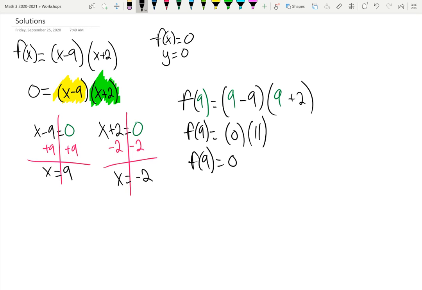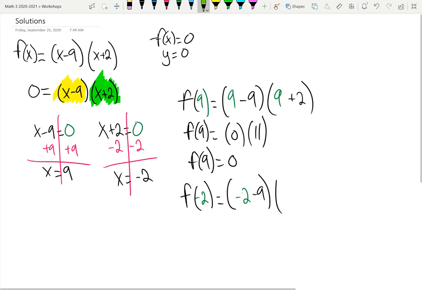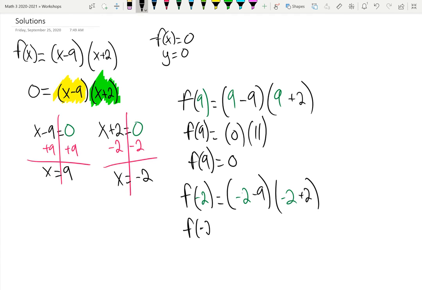Let me do this again for f of negative 2. I'm going to set it up in a specific spot: negative 2 minus 9 times negative 2 plus 2. And with a little foresight, you can visualize that it turns into the product of negative 11 times 0.